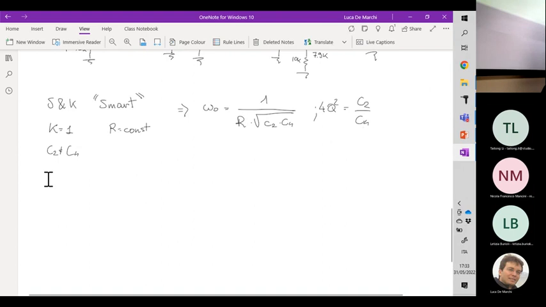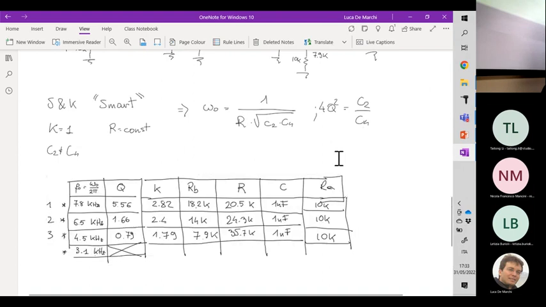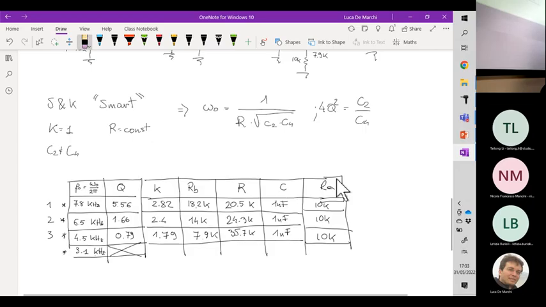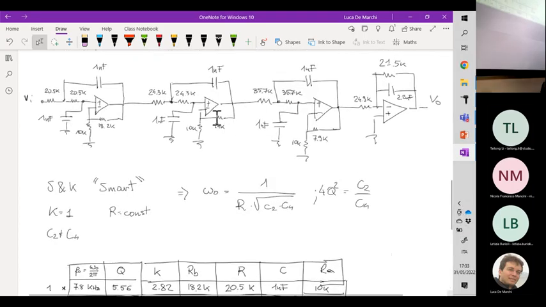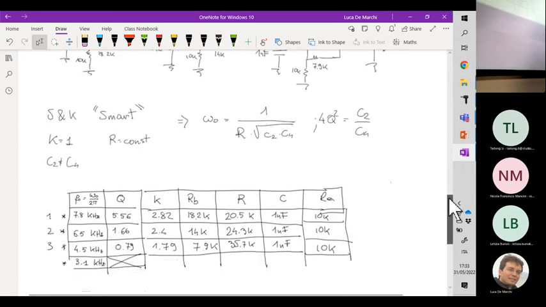So let me copy and paste. The topology will not be based on the non-inverting configuration, the buffer that we have used before, but we are going to use a unitary gain buffer because the gain K is equal to 1 mandatory.